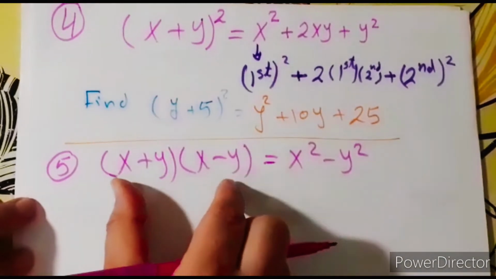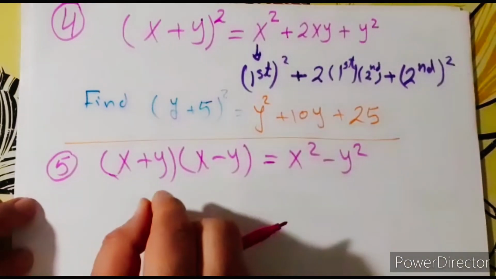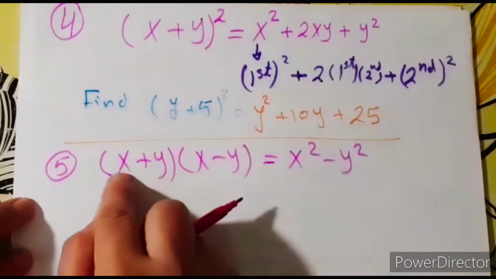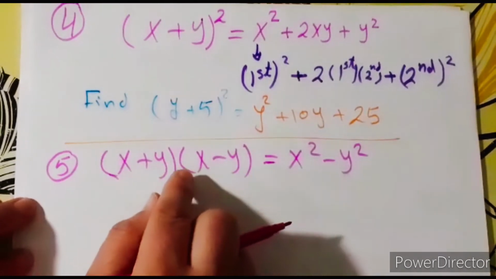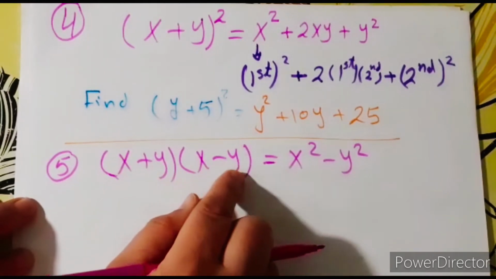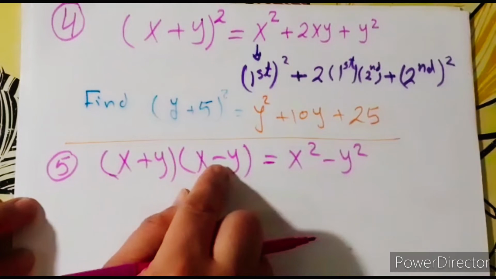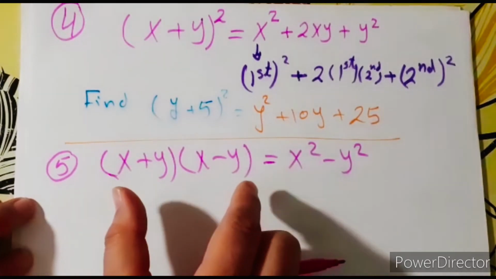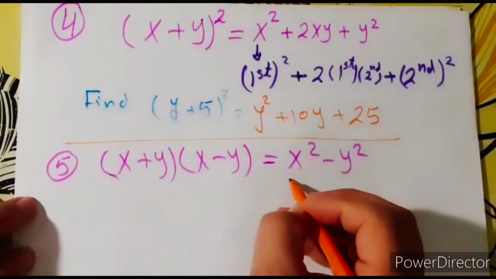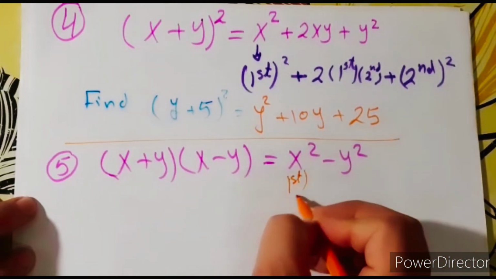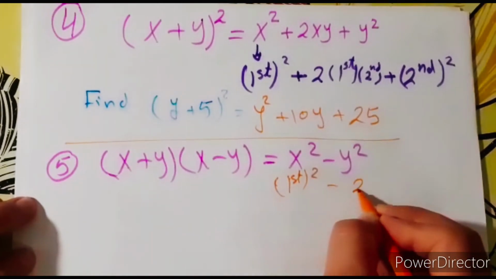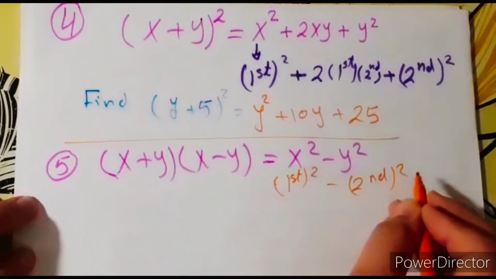Because this rule says that if we multiply two conjugate numbers, conjugate means same terms but different sign. x, y, x, y, but here plus and here minus. How can we multiply the two brackets? The first term power 2, x, minus second term power 2, y.